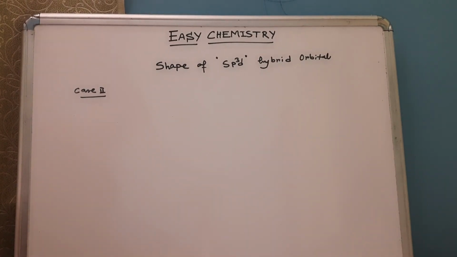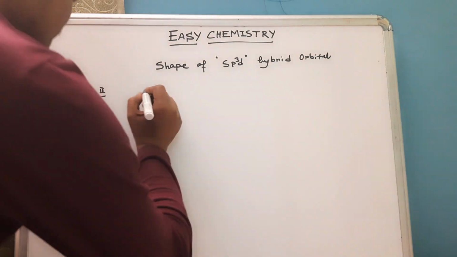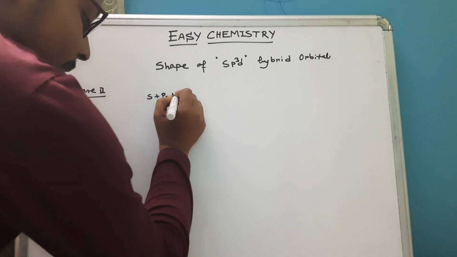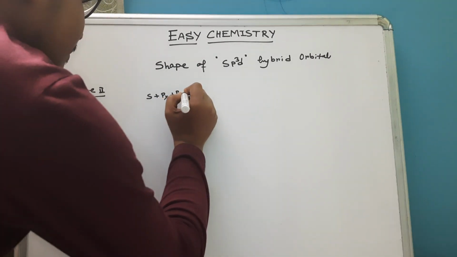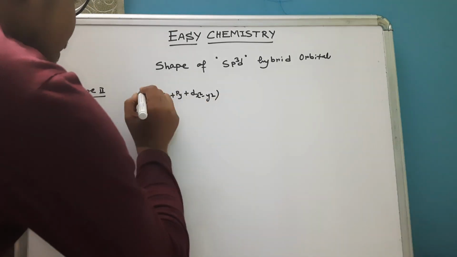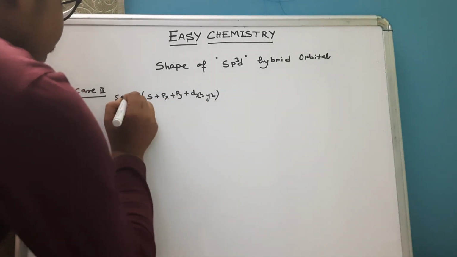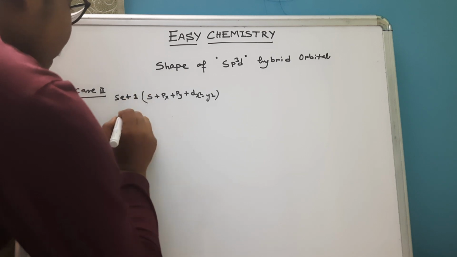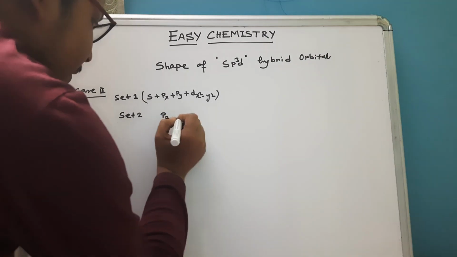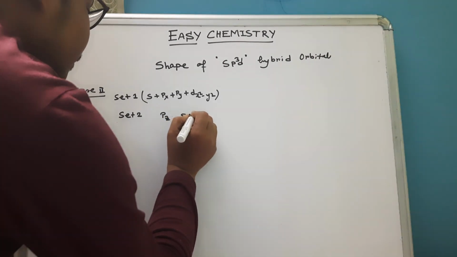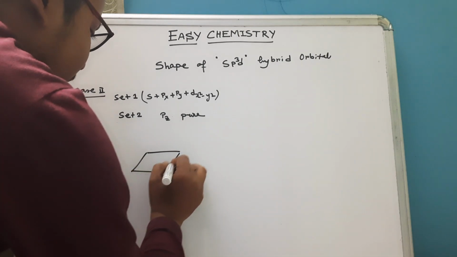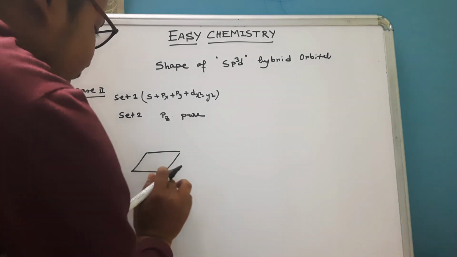Case 2 is s plus px plus py plus dx square y square. This is set 1, and set 2 is the pure pz. The set 1 forms the square planar.